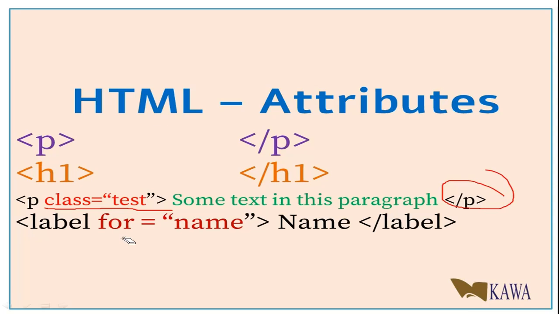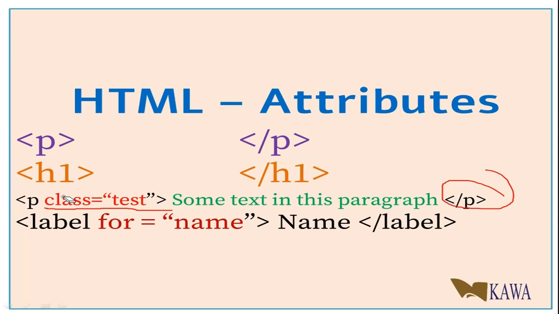Before I close this video, let me show you something about attributes. Attributes always have three items. We have the name of the attribute, which particularly here is class.